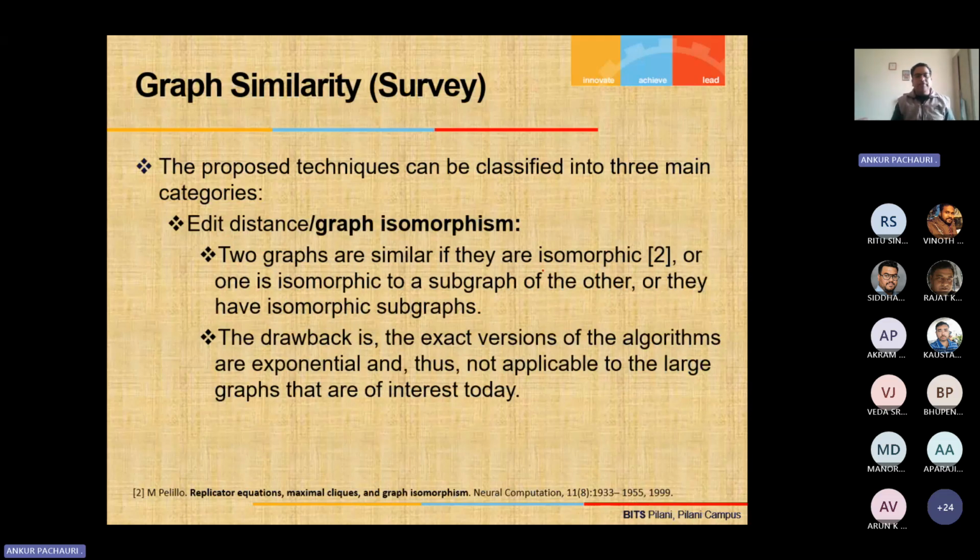Two graphs are similar if they are isomorphic, meaning one is isomorphic to a subgraph of the other, or they have an isomorphic subgraph. The drawback is that the exact versions of the algorithm are exponential and thus not applicable to the large graphs that are of interest today.